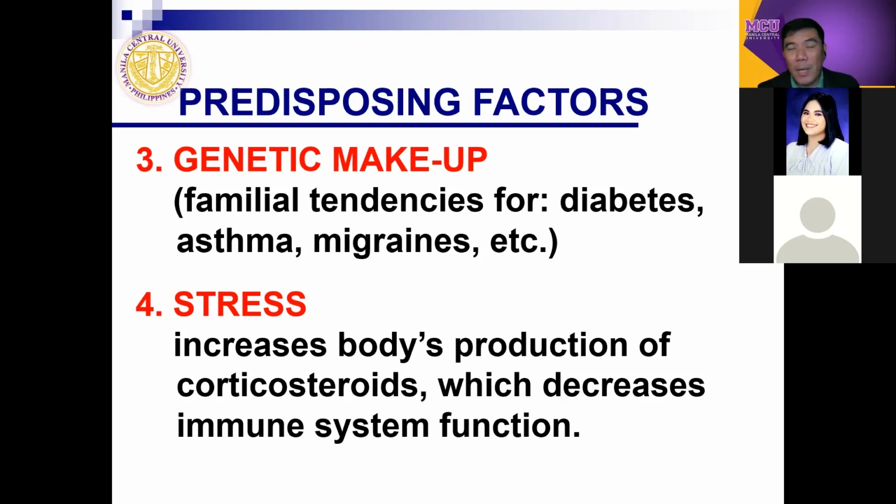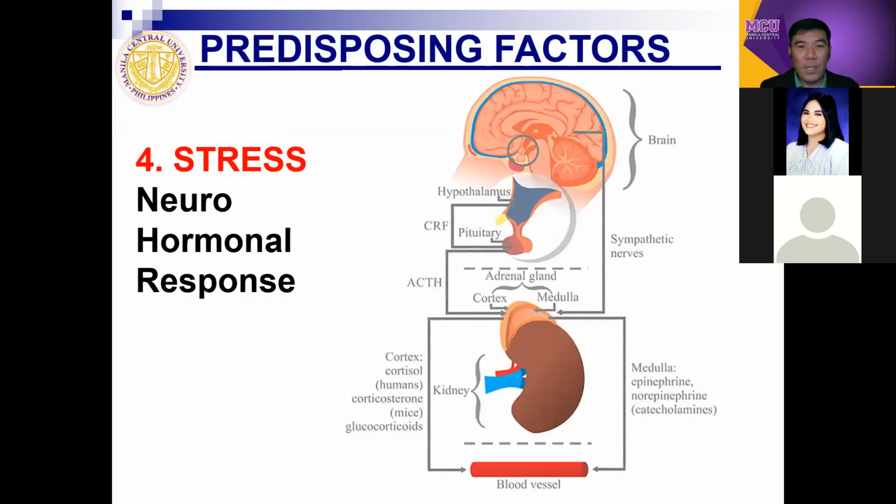It's because at the time of stress, our body produces more of the substance cortisol. And when cortisol is excessive, its effect is to lower the immune system. So you really need to cope with stress. That's why I mentioned that stress has a neurohormonal response.